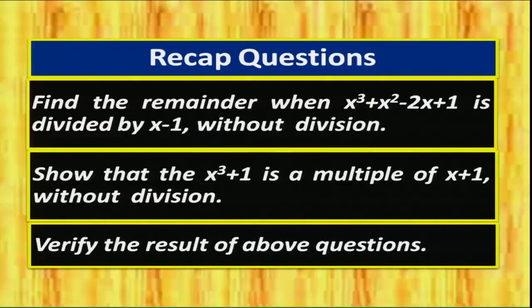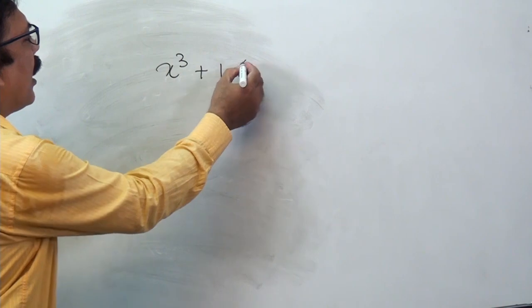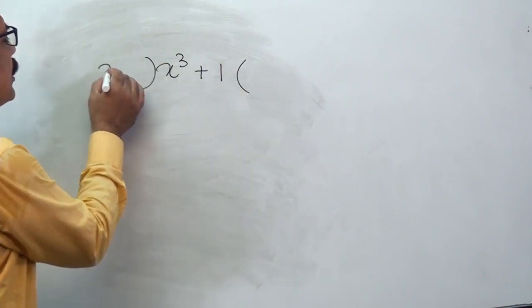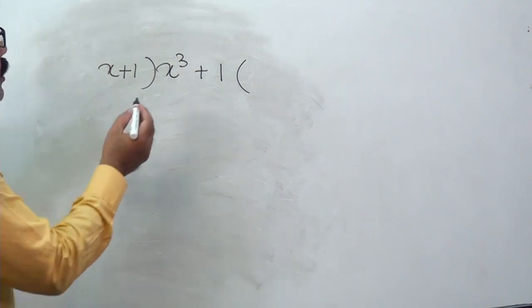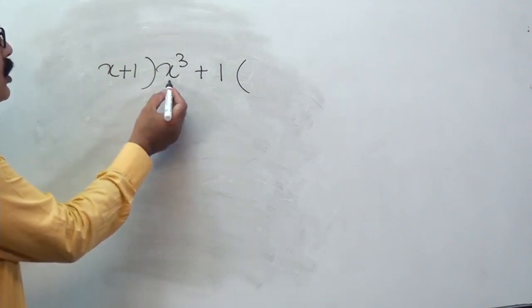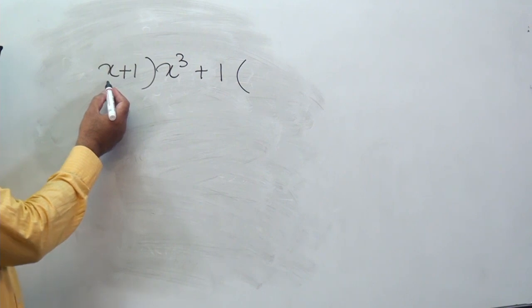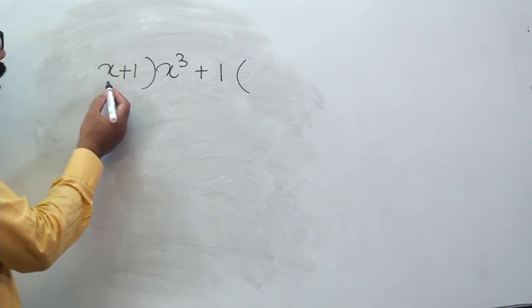Let's verify the second one. Dividend is x cube plus 1 and divisor is x plus 1. Now let's see, the first term of the dividend is x cube and first term of the divisor is x.